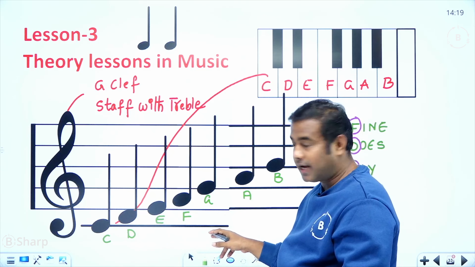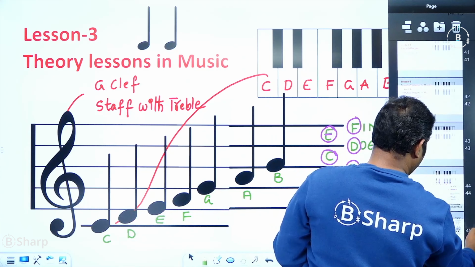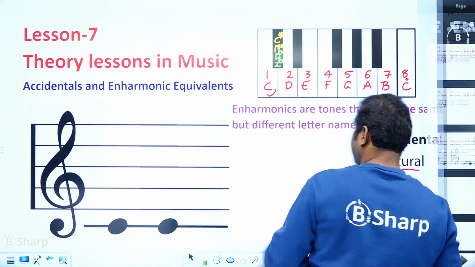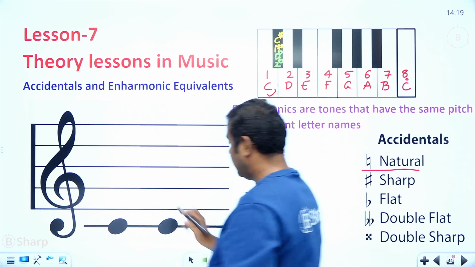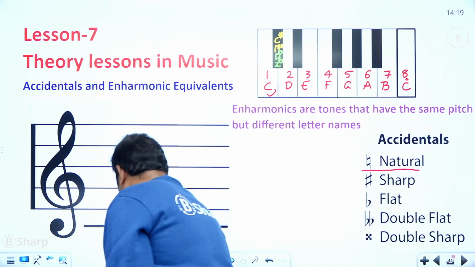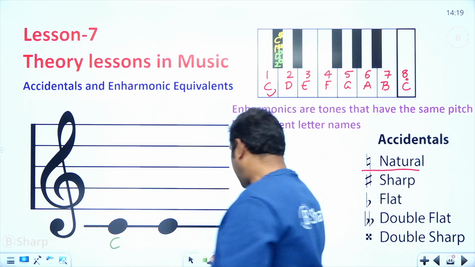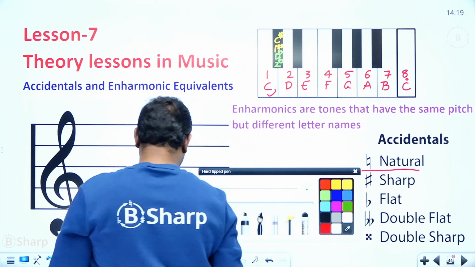The same thing here, I have pointed out. Here there is a C key, and at the same time there is some other key, a C sharp. So I have to play C sharp also.